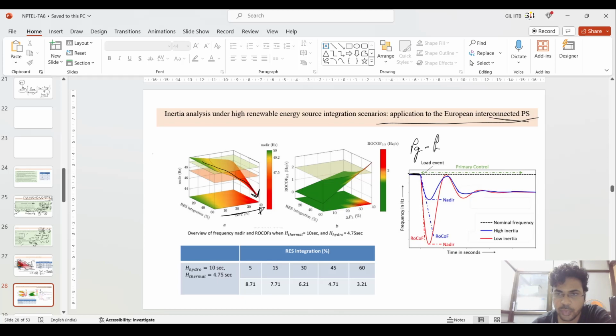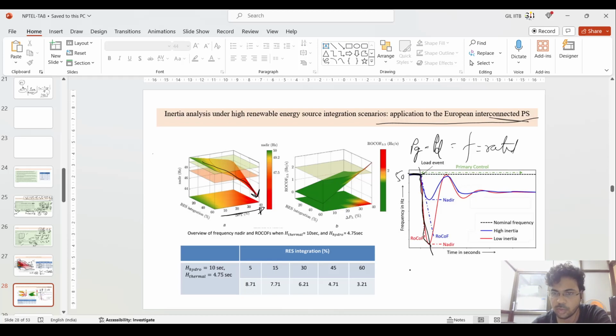What is frequency nadir? If you see in the right side figure, when the generation is equal to demand, then the frequency is at the nominal or rated value, that is 50 Hz. Suppose a sudden load event happens.